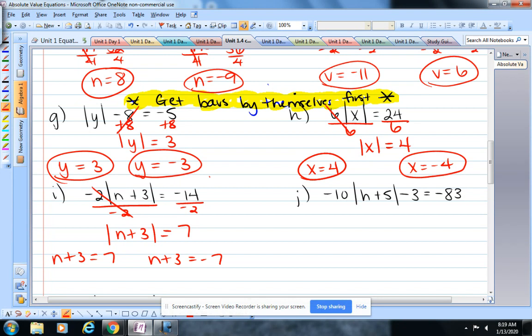So after the bars are by themselves, then you can make 2 equations. So how do I solve for n? Subtract 3, and n equals 4. And then over here I subtract 3, and n equals -10.